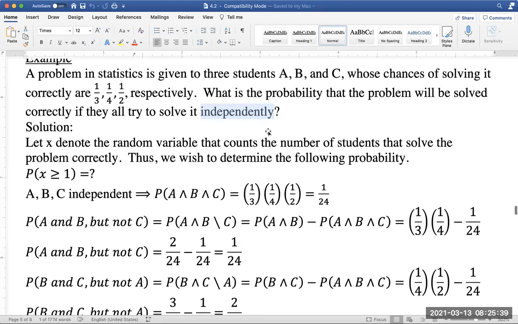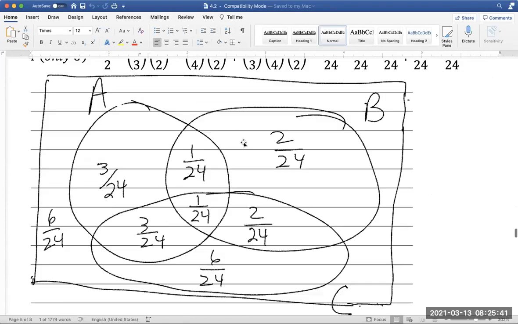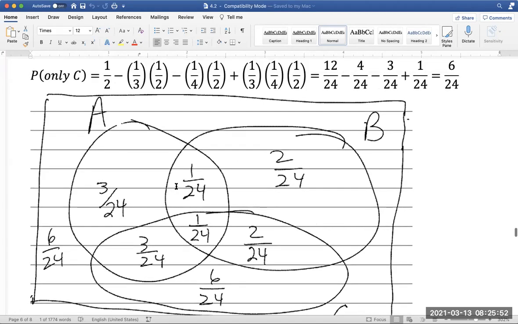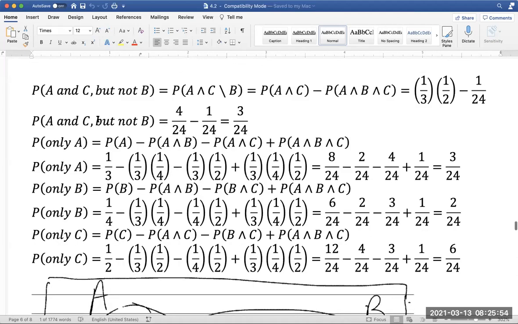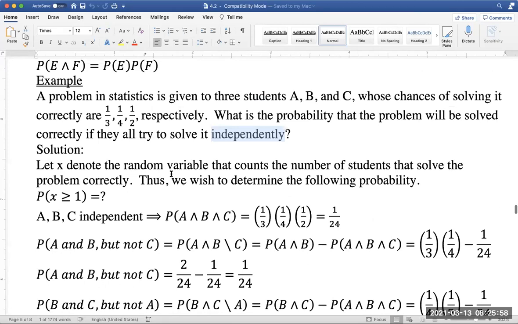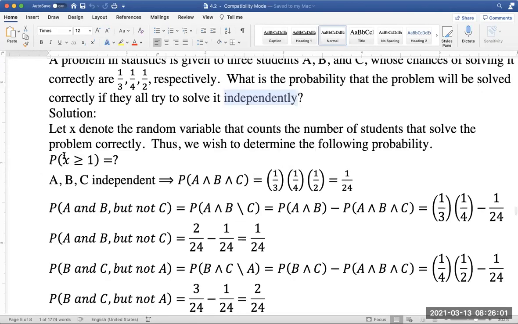So let's do this. I have here student A, student B, and student C. Let's start first. I want to figure out the probability of at least one solving it, the probability that X is greater than or equal to 1.